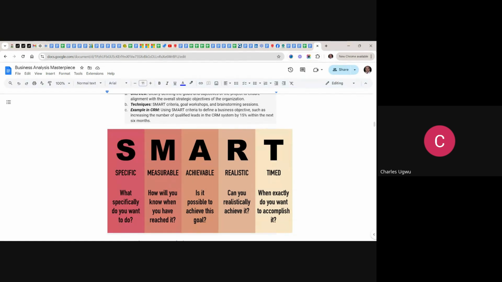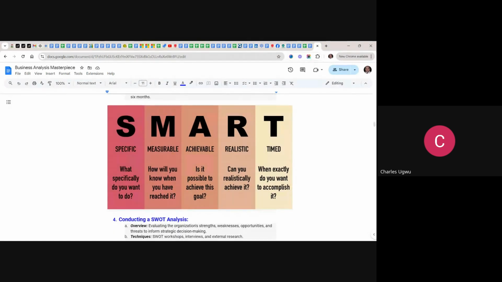So you must find a way to balance it, making sure that the integration you need to do happens within 6 months, and this will help you to generate this 15% qualified lead. That is well done. So that is what we mean by SMART.